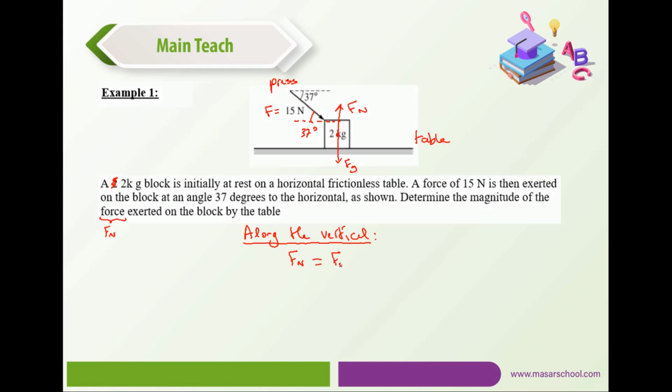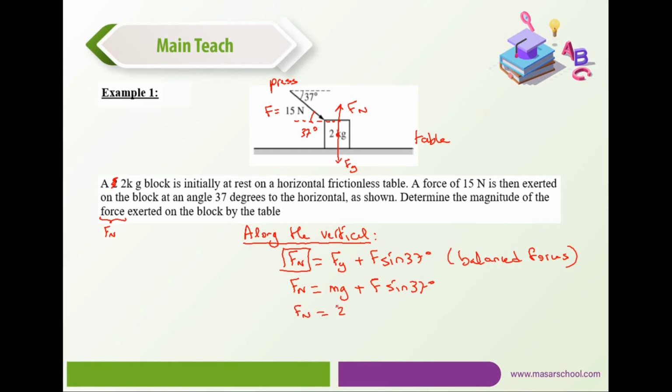We have the pull of gravity, and we have the pressing force multiplied by the sine of the angle that the force makes with the horizontal, and that would be 37. We are interested in finding the value of the normal push, and this is the reason because they are balanced forces. So the normal push would be equal to the pull of gravity, which is given by mg, plus capital F sine 37.